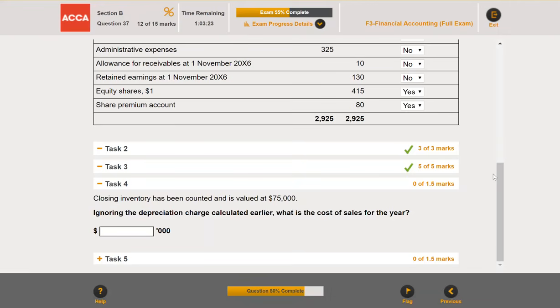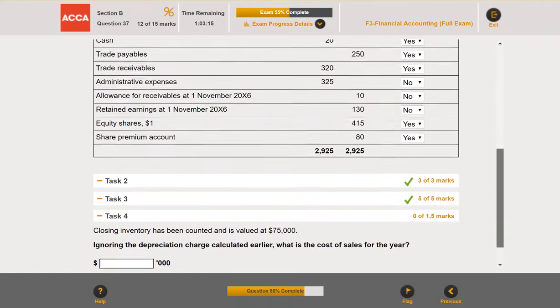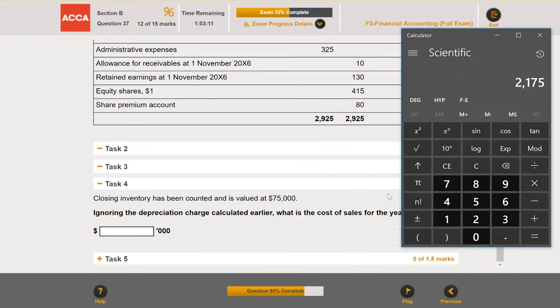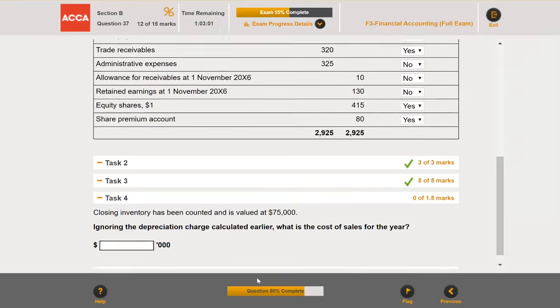Now calculating cost of sales, and the formula is opening inventory plus purchases minus closing inventory, the short formula. So you have opening inventory here, 75 plus purchases. Sorry, this is closing inventory.